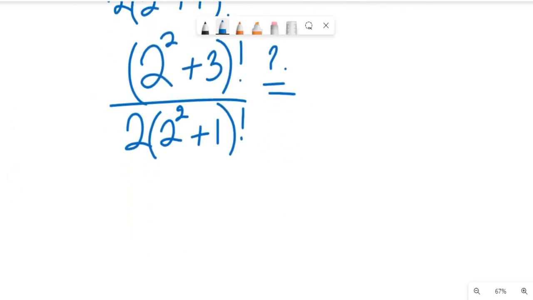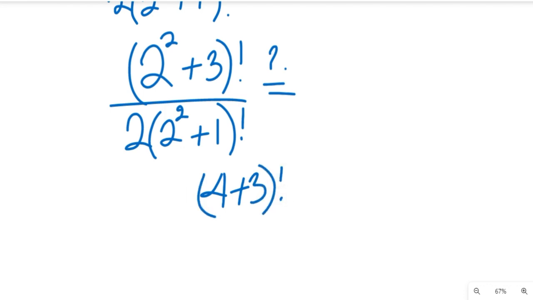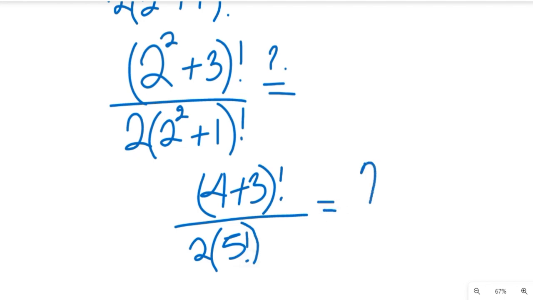Now let's simplify that. 2 to the power of 2 is 4, so this is going to give us 4 plus 3 factorial, and that will be equal to 2 multiplied by 4 plus 1, which is equal to 5 factorial. So this whole value will give us 7 factorial divided by 2 times 5 factorial.